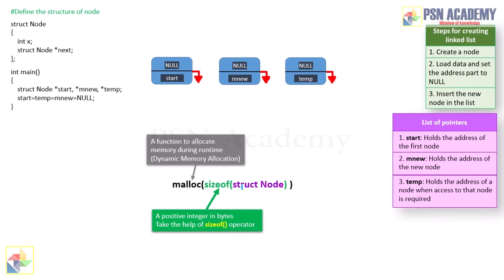So we pass this struct node as an operand to this sizeof operator. So what you see, the sizeof operator does the calculation of the size of this struct node, and that will be an integer value. So ultimately this malloc function is getting an integer value over here as an argument, right?